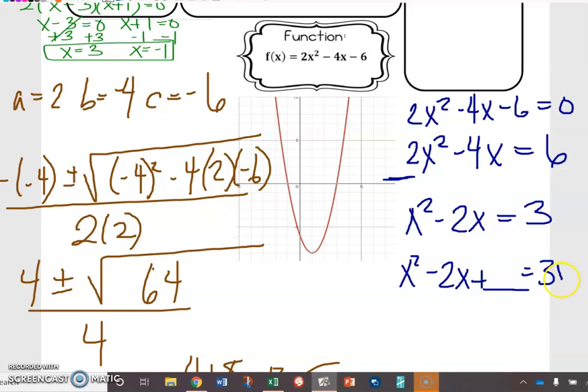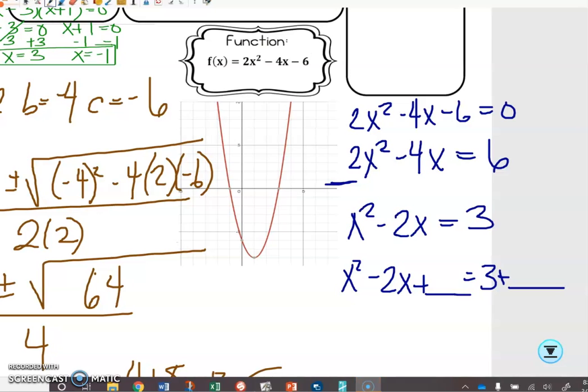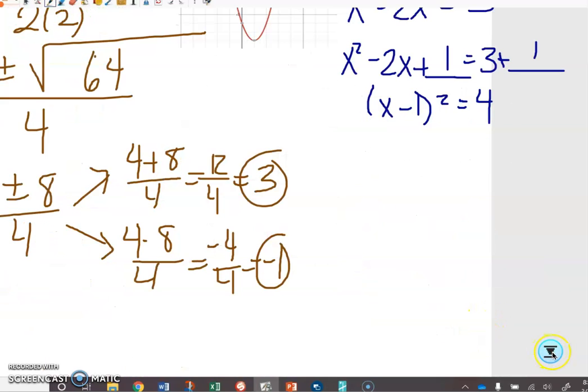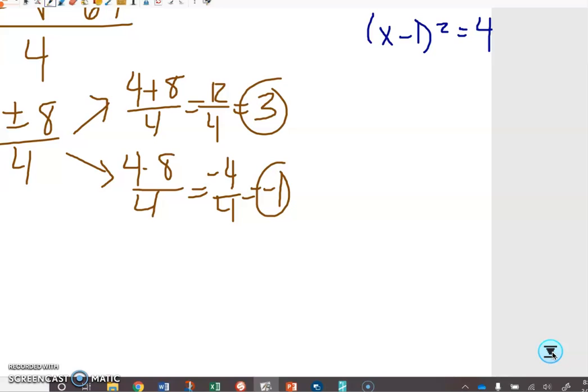So that would be 3 plus blank. Half of negative 2 is negative 1. Negative 1 squared is 1. So that's going to be x minus 1 squared equals 4. And then we'll have x minus 1 equals plus or minus the square root of 4. The square root of 4 is 2.